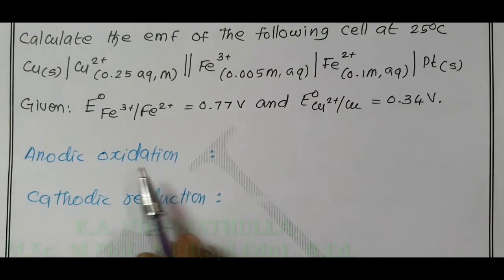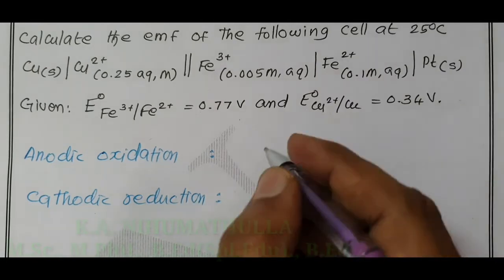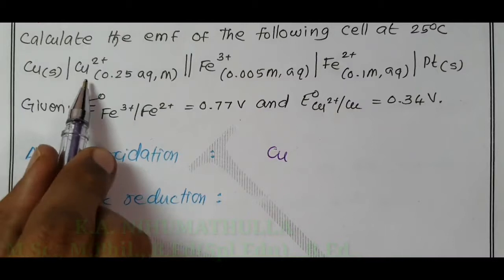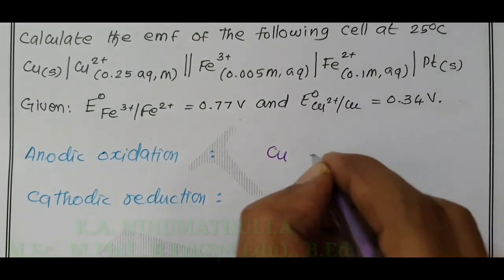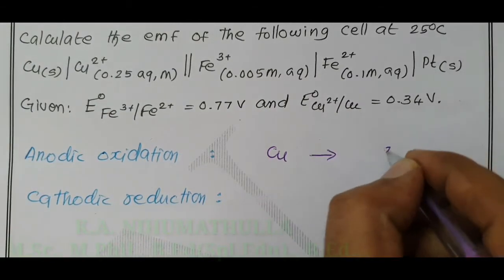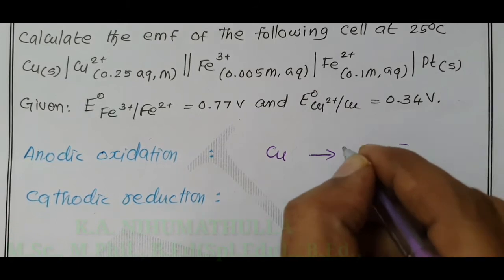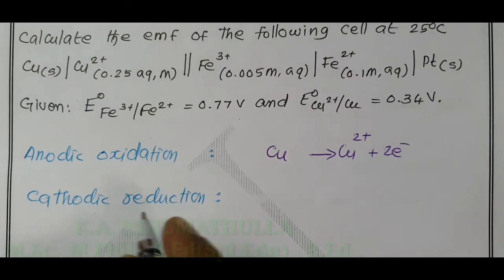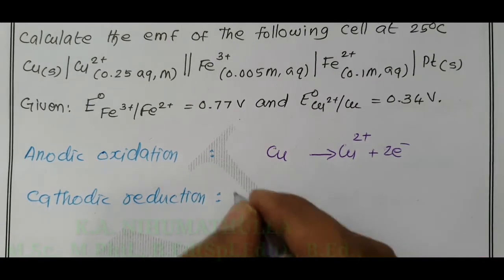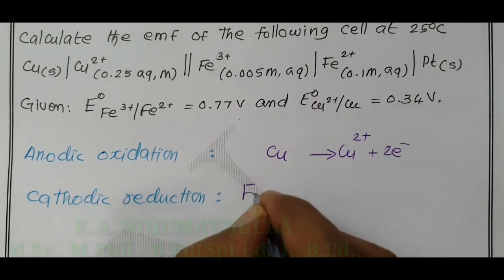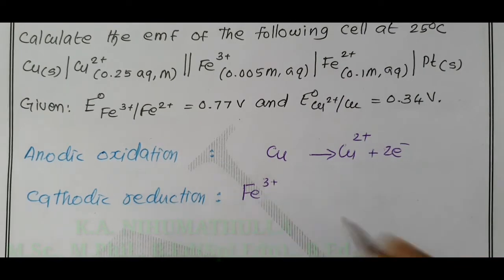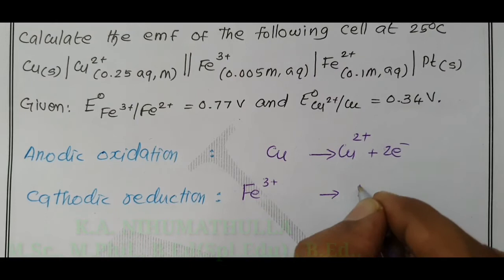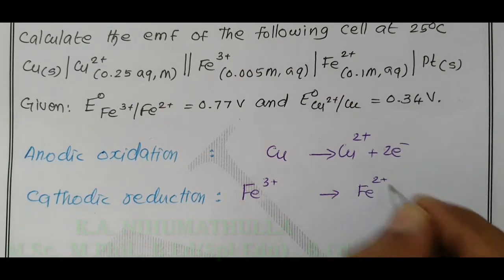Anodic oxidation: we know in the anode oxidation reaction takes place. Our anode is copper, Cu, which undergoes oxidation, loses 2 electrons and becomes Cu2+ ion. In cathodic reduction, Fe3+ ion, given in our cell notation, is reduced to Fe2+ ion.